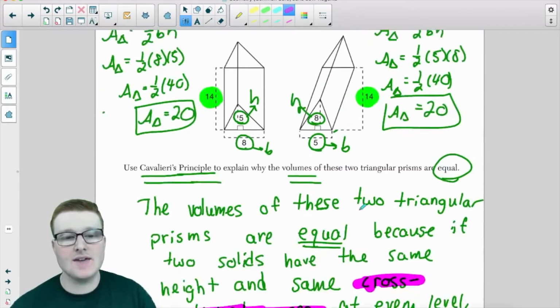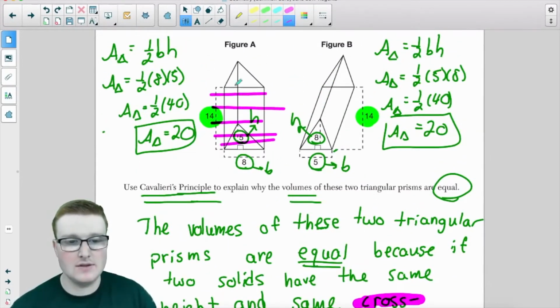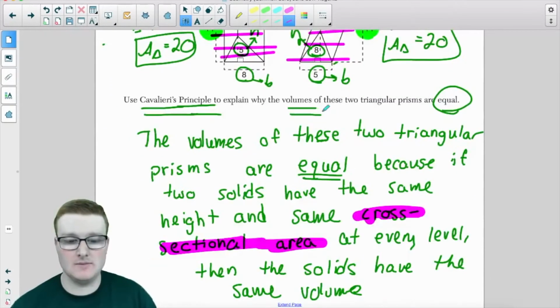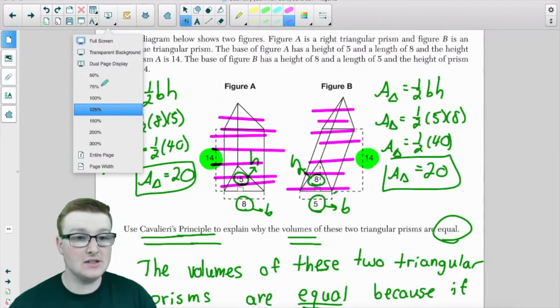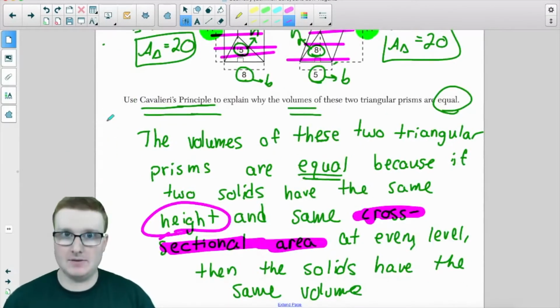So basically, if you slice these at every single level, the areas are equal. Doesn't matter how you slice it, it's still equal. And the height is the same. So we know for a fact that these two prisms are equal in volume by Cavalieri's principle. And that's how you do that question.